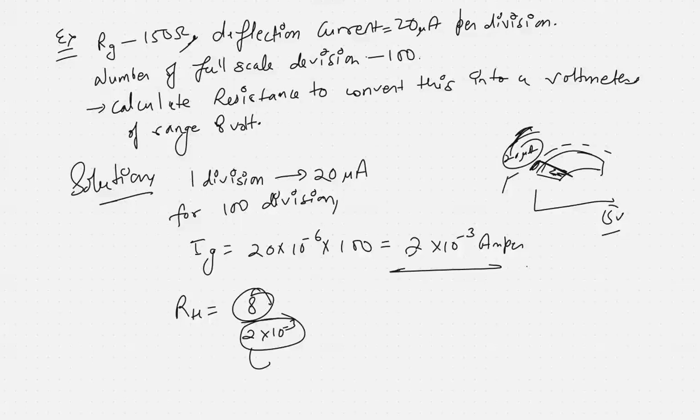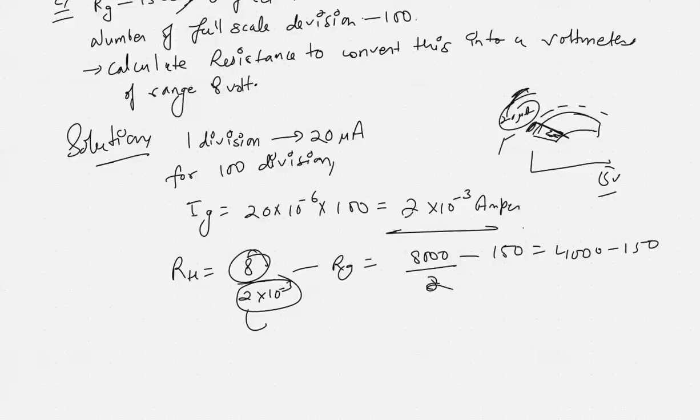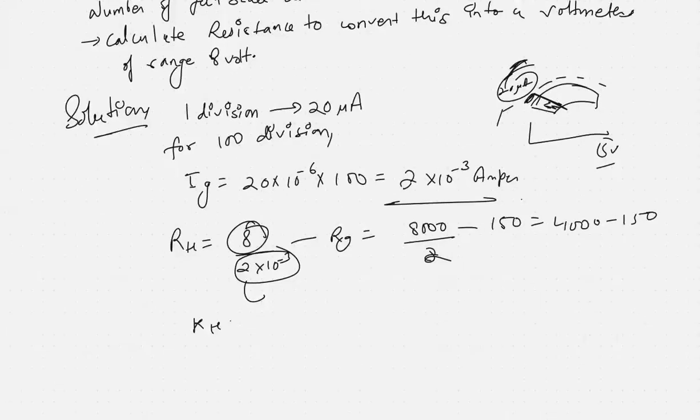So 8,000 divided by 2, which is 4,000, minus Rg, which is 150, gives the answer 3,850. Clear, Ketna?